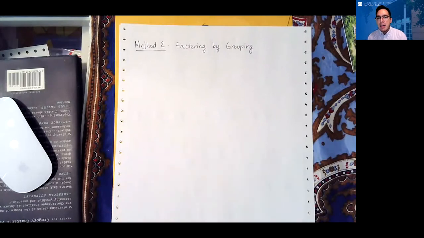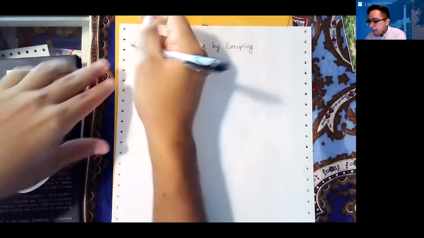But with factoring by grouping, typically in this class, we're going to be using this on polynomials that have 4 terms. So that's one way to identify when you need to use factoring by grouping.